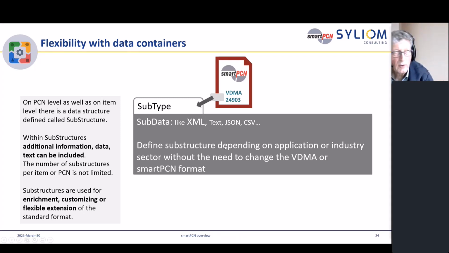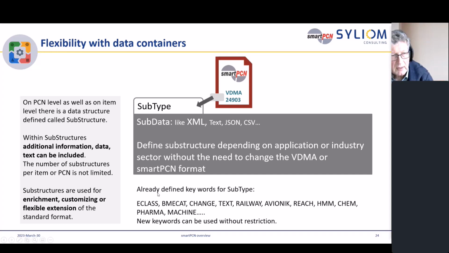So it's basically a kind of free-form container. We have already declared some keywords like eClass, BMEcat, text, railway, avionic, and so on. You can use that, but the format inside here is not standardized. So it's a free format, and therefore a specific group is able to define a format for this, how we use it, and then put it in a so-called subtype in this data container.